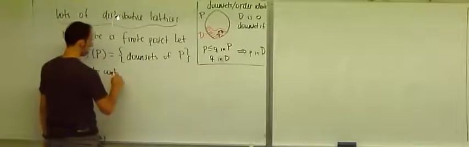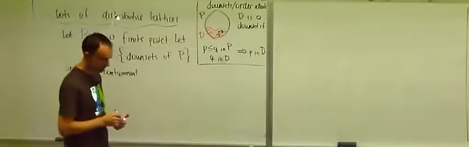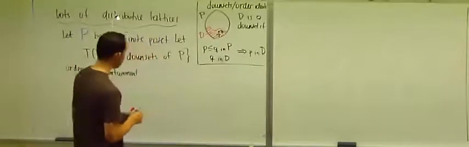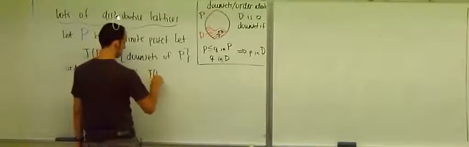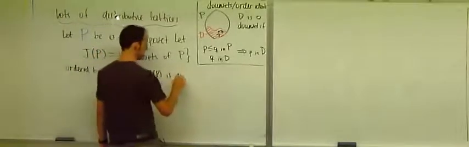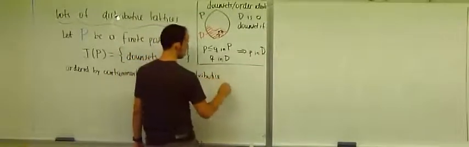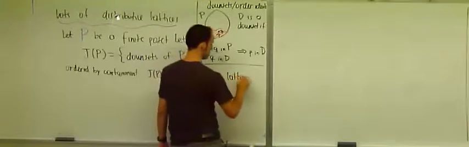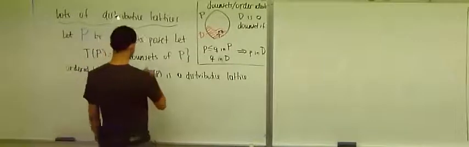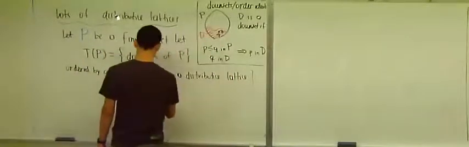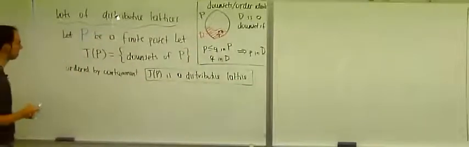So I put a partial order on J of P. Then this thing, J of P, is a distributive lattice. This is actually pretty easy to see.